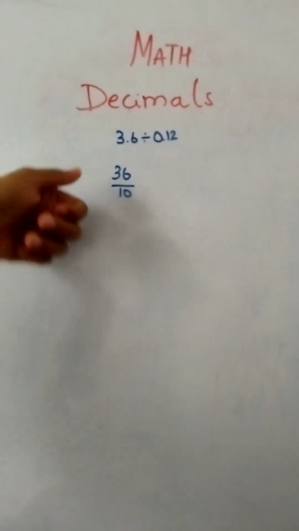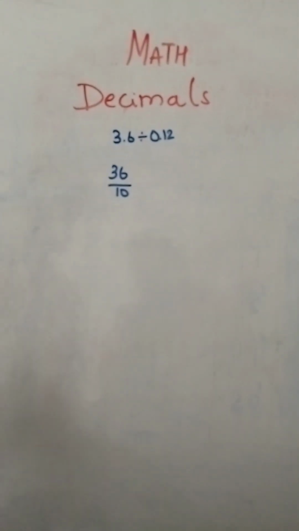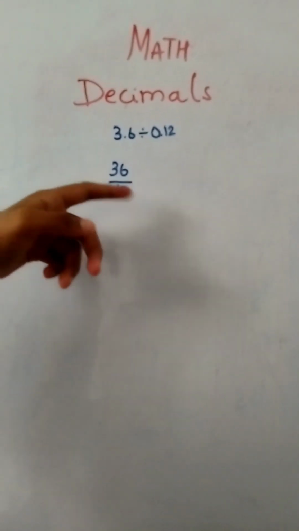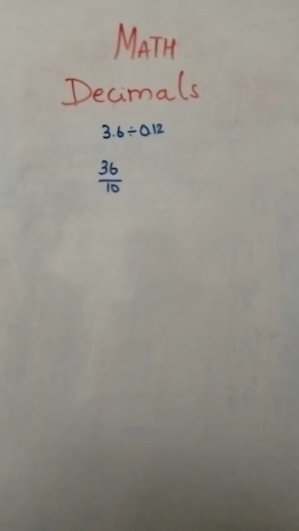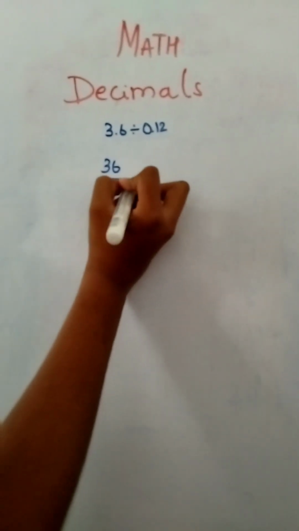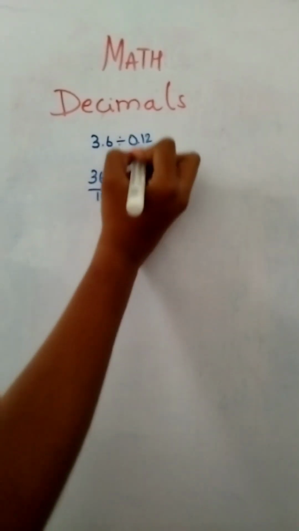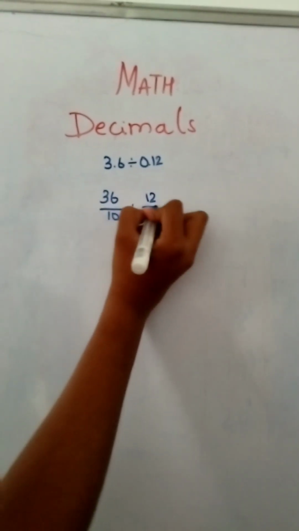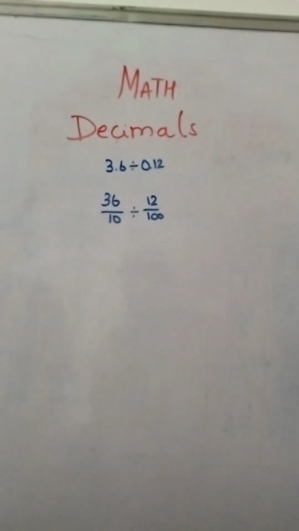So in this case, we've multiplied the numerator and denominator by 10. As the denominator is always 1, it's become 10, and the number is 36, so the value has not changed. And then we are dividing this number with this number, and this number we can easily write as 12 by 100.